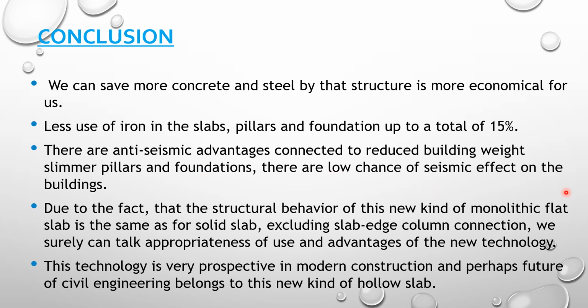There is a low chance of seismic effect on the buildings, due to the fact that the structural behavior of this new kind of monolithic flat slab is the same as for a solid slab. Excluding the slab edge column connection, we surely can talk about the appropriateness of use and the advantages of the new technology. This technology is very prospective in modern construction, and perhaps the future of civil engineering belongs to this kind of hollow slab.